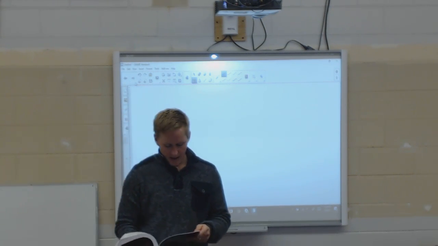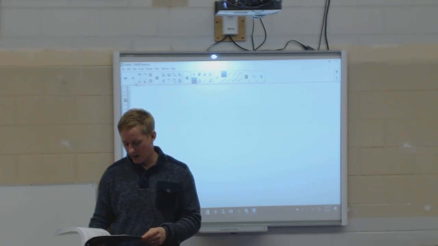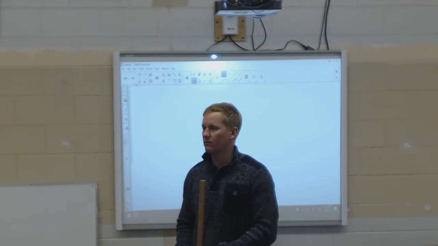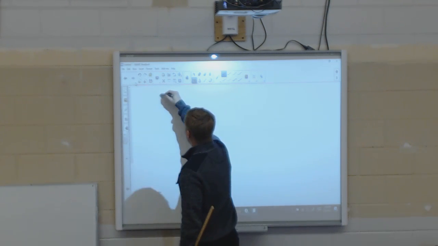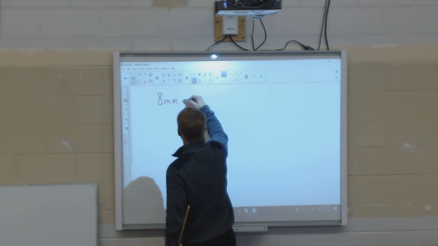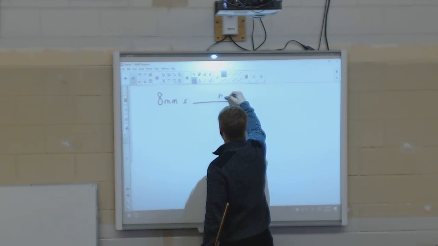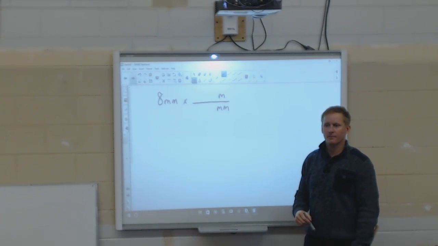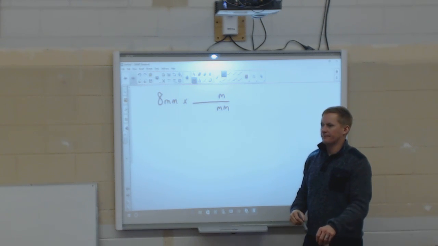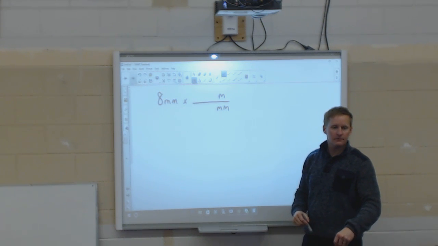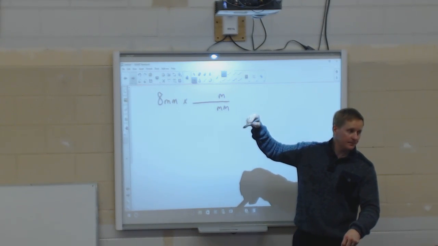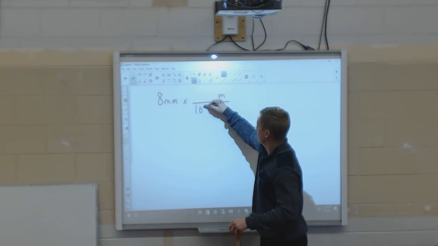And then it says, how do Kelly's and Caleb's measurements compare? Are they the exact same measurement? Yeah, you think so? Well, let's check it and make sure. 8 millimeters, I'm going to change that to meters to make sure. What's my ratio? 1,000 millimeters to a meter.